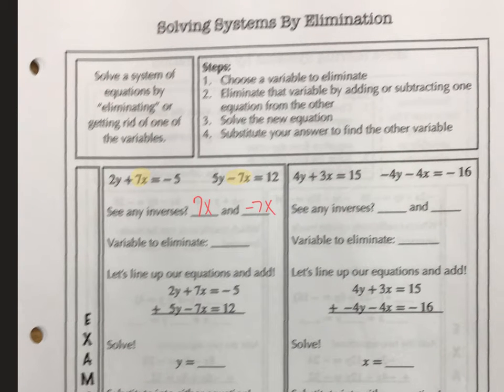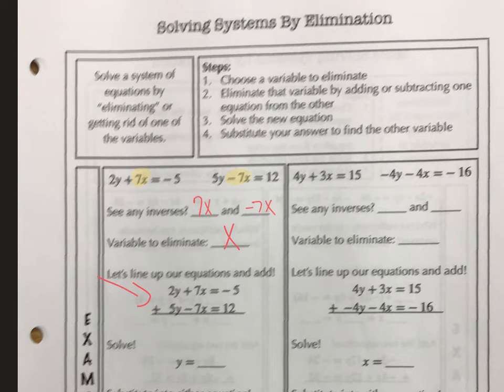Okay? So my variable here that I've chosen to eliminate is what, Miss Olivia? What variable am I going to be able to eliminate? X. Okay? So now look how it's lined up right here. 2y plus 7x equals negative 5. 5y minus 7x equals 12.